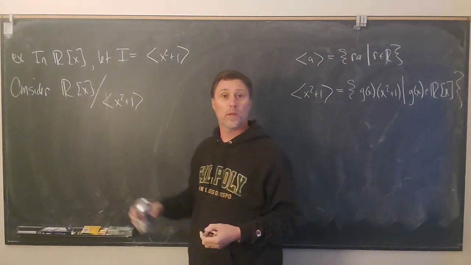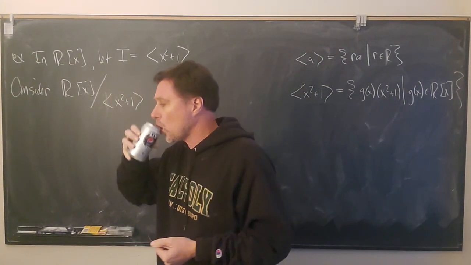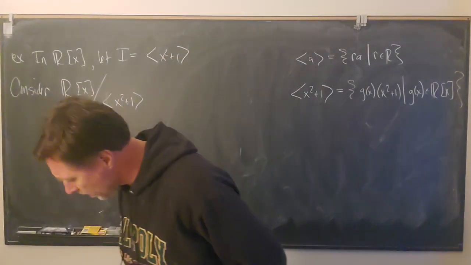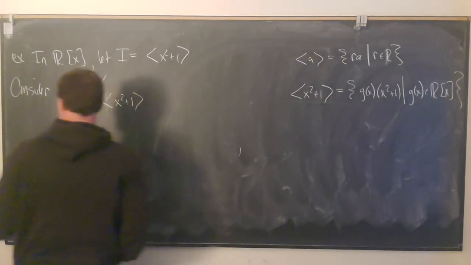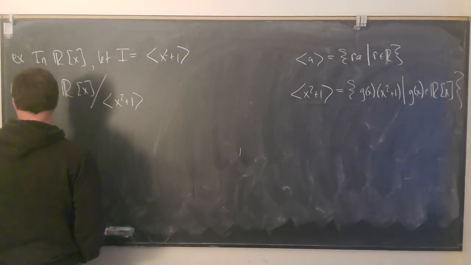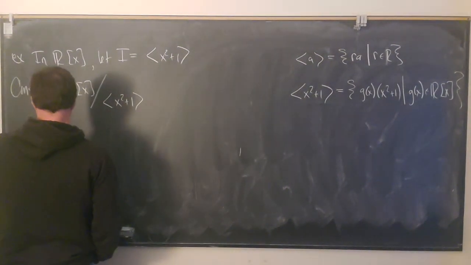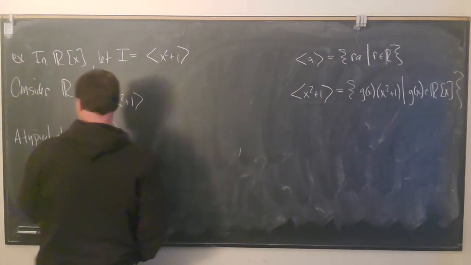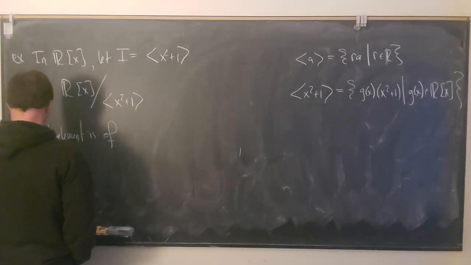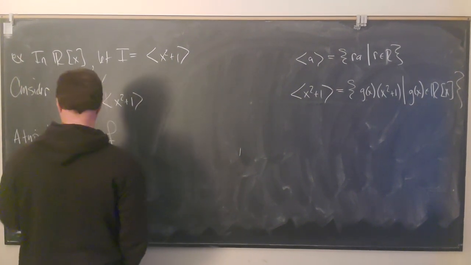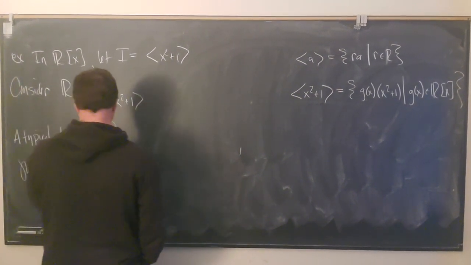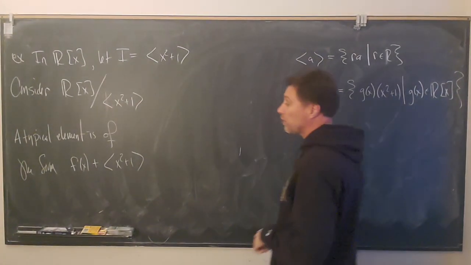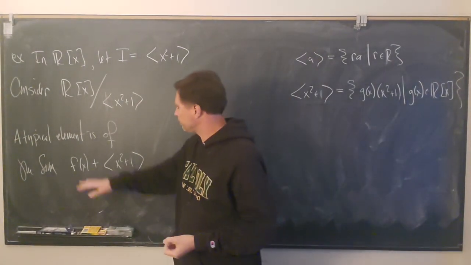Is it familiar? Is it completely weird? Who knows? So let's see what happens. A typical element is of the form f of x plus the ideal generated by x squared plus 1. So these are the cosets.